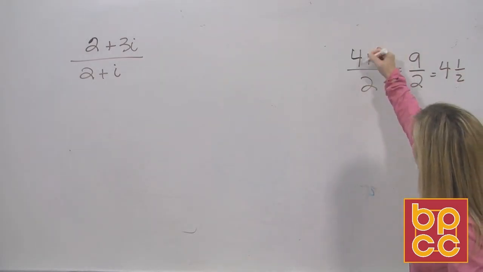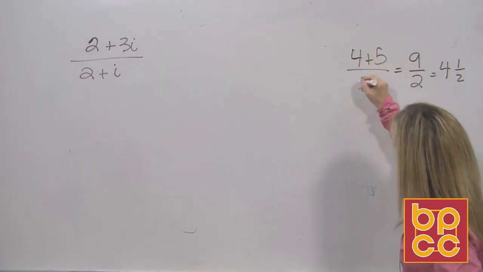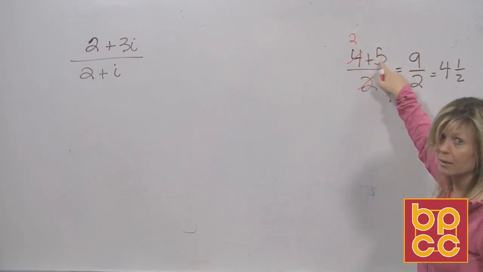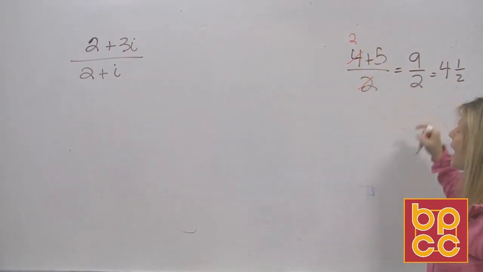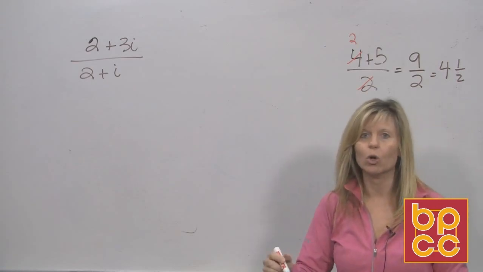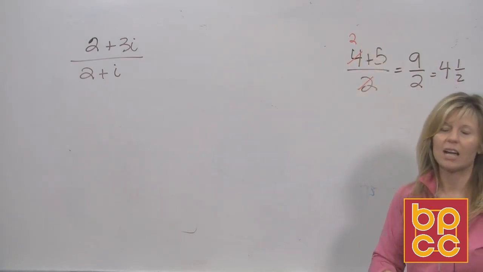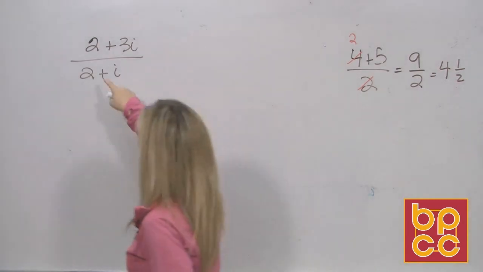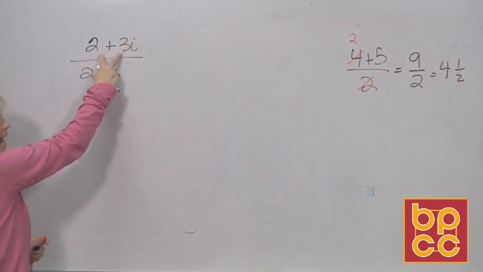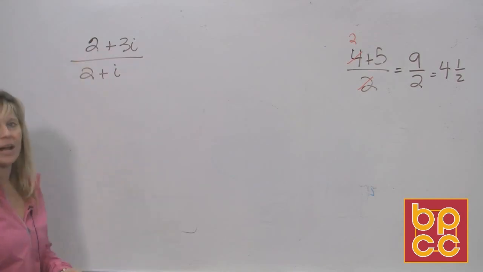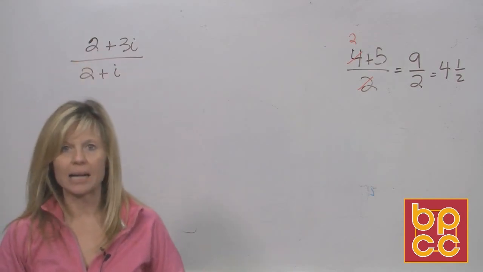So if you looked at this and said, I'm going to divide 4 and 2, and you put a 2 there, 2 plus 5 is what? That's 7. That's not 4.5. So you learned a basic rule. You cannot divide when you're connected with add and subtract. It doesn't work. So we can't do the dividing. We can't add. Neither one of these are alike. There is no i squared up there, so we just can't get rid of an i.